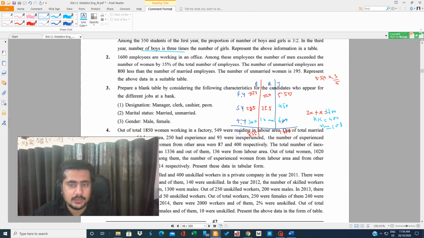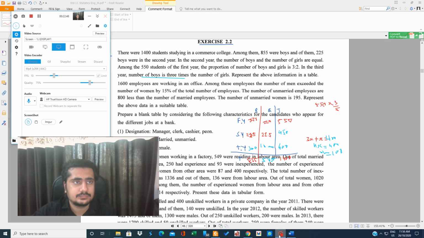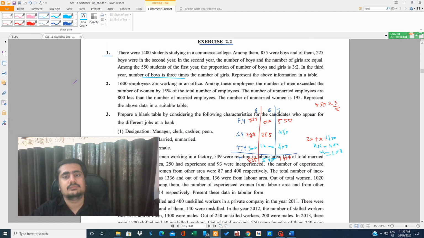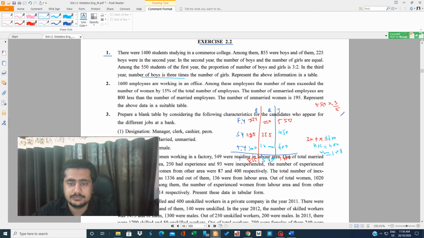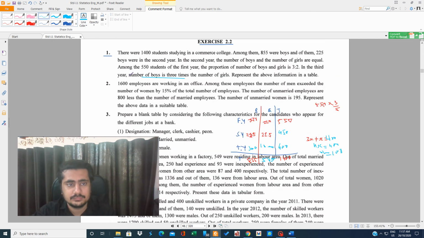You can see here, it is 545. So we have completed the first sum of 2.2.